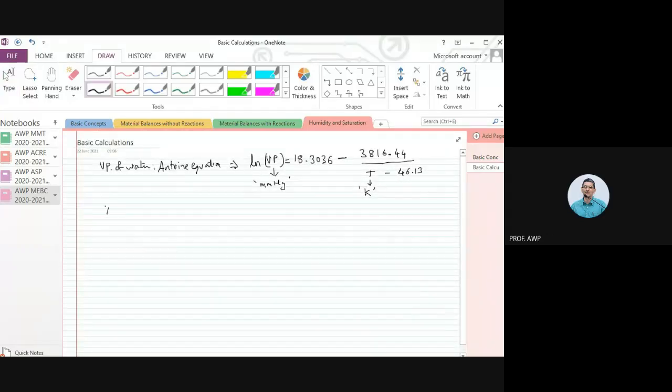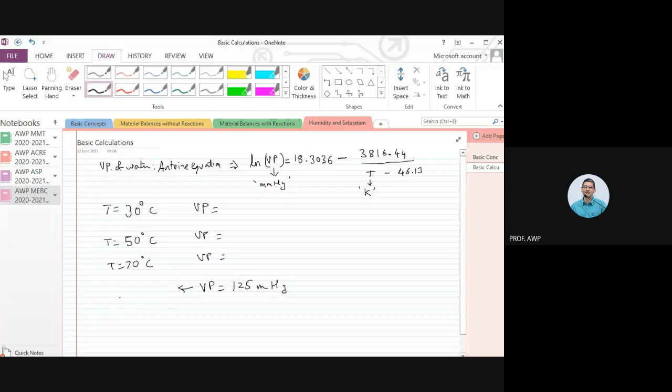Let's calculate. Suppose temperature is 30 degrees centigrade. Calculate vapor pressure. Suppose temperature is 50 degrees centigrade. Calculate vapor pressure. Suppose temperature is 70 degrees centigrade. Calculate vapor pressure. And suppose vapor pressure is, let's say, 125 mmHg.